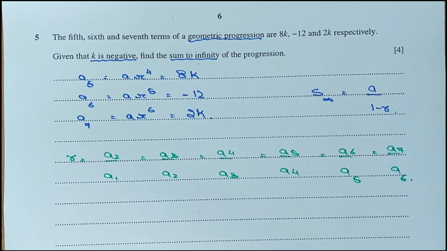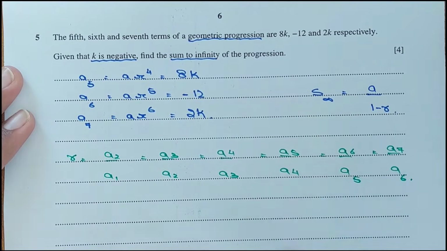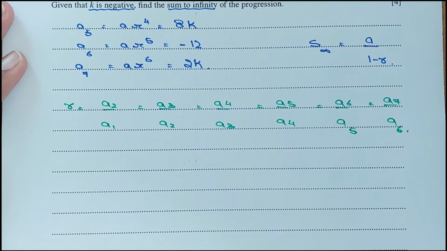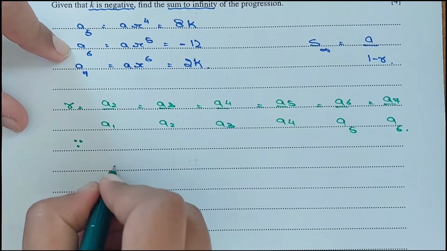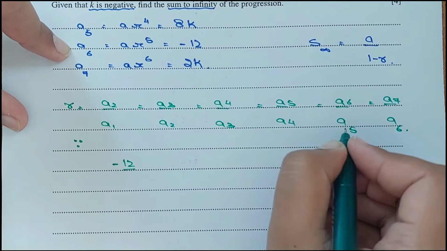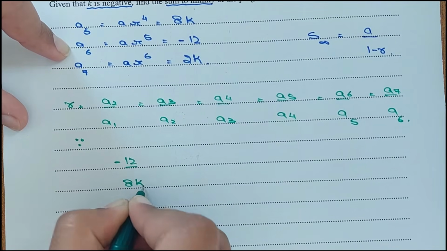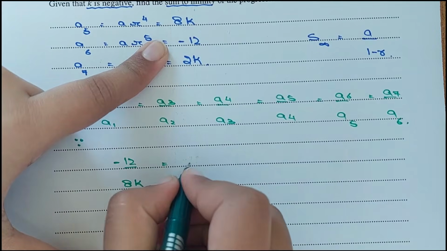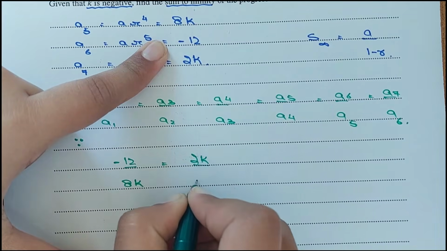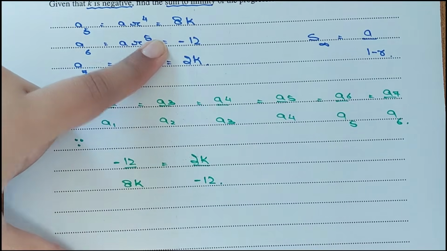Here we are given the 5th, 6th and 7th terms, so we use this combination to get the k value. So a6 over a5 is minus 12 over 8k, and this equals a7 over a6, which is 2k over negative 12.